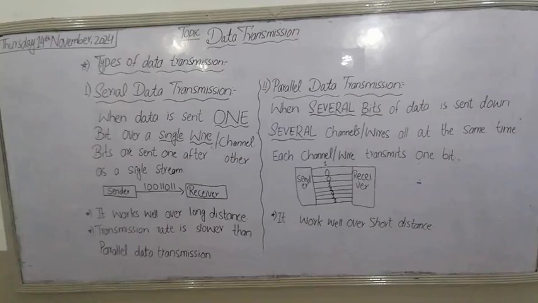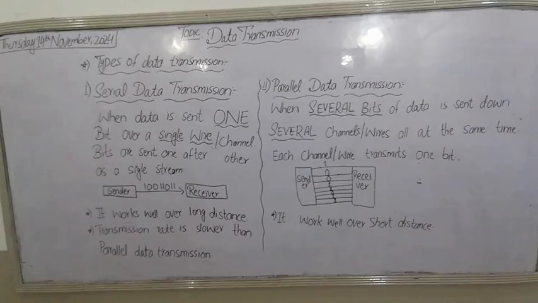There is no difference between wire or channel. These are just two different names of one similar thing. So we also call it wire, the simple wire which we use, or we can also call it channel.